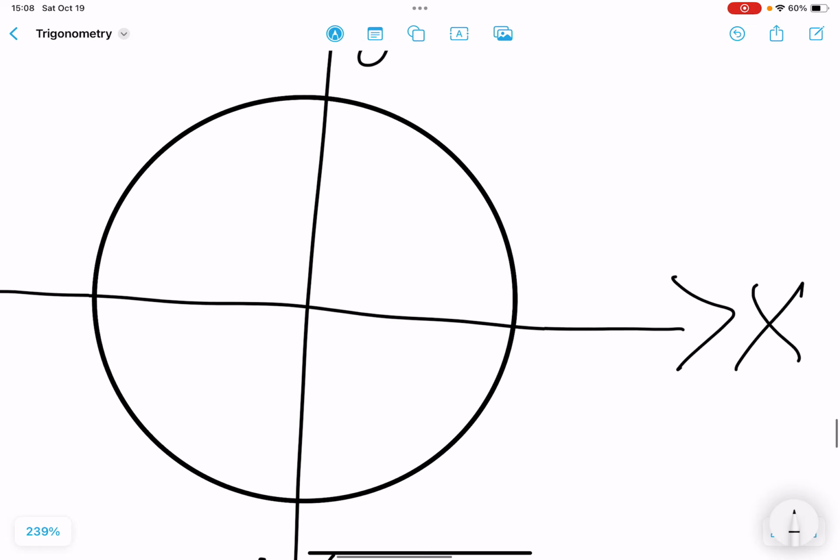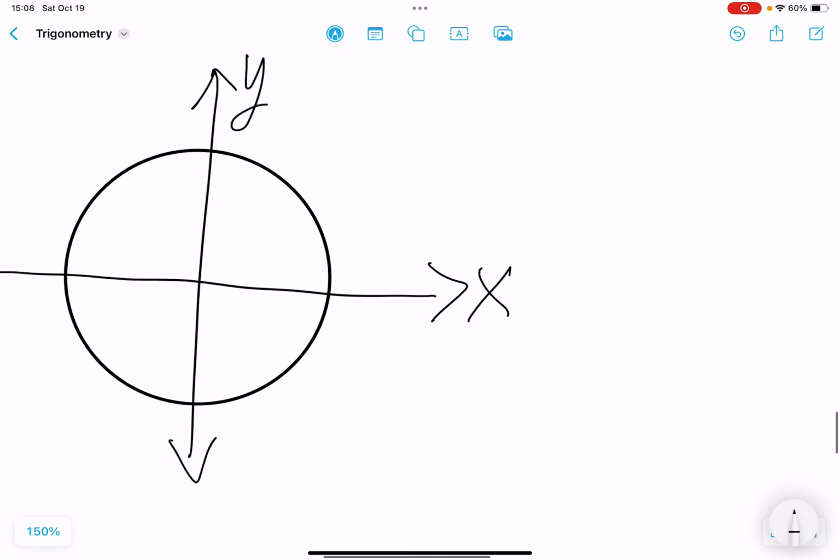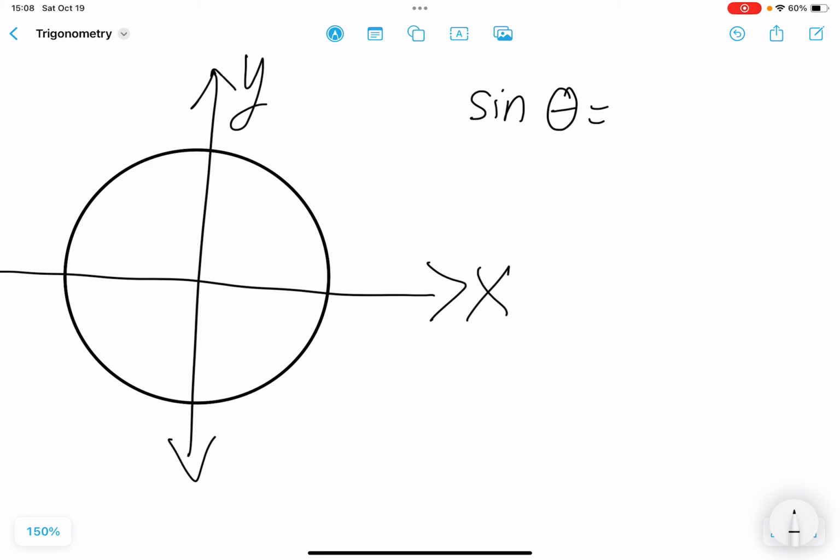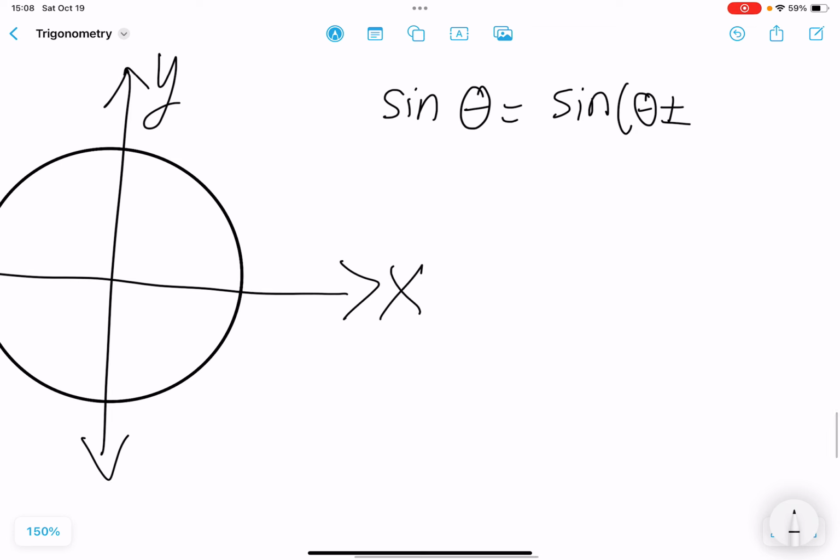So the first property is that sine theta is equal to sine of theta plus or minus 2 pi k, given that k is an integer.